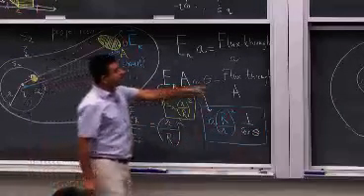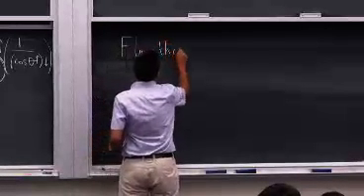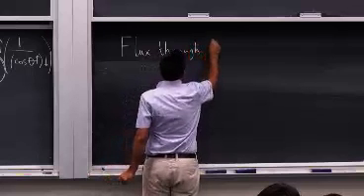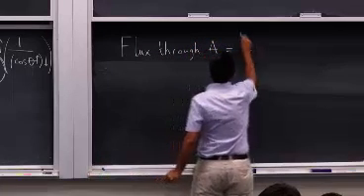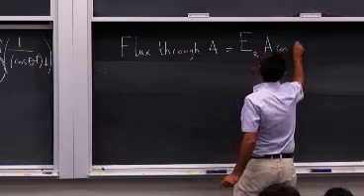Now I would like to find the flux through capital A. The flux through capital A is going to be equal to E(R) capital A cosine theta.